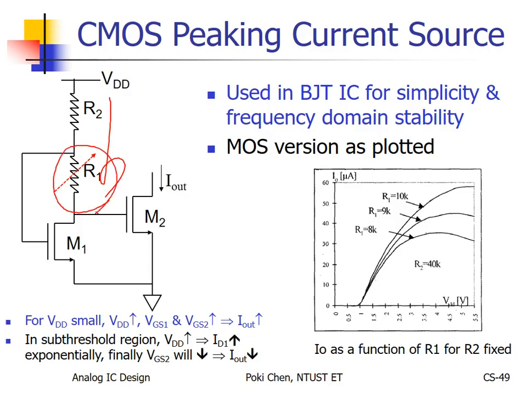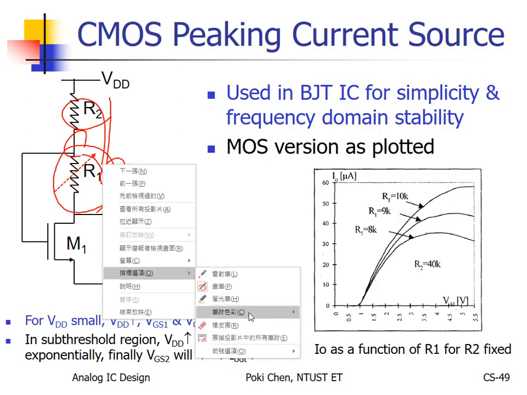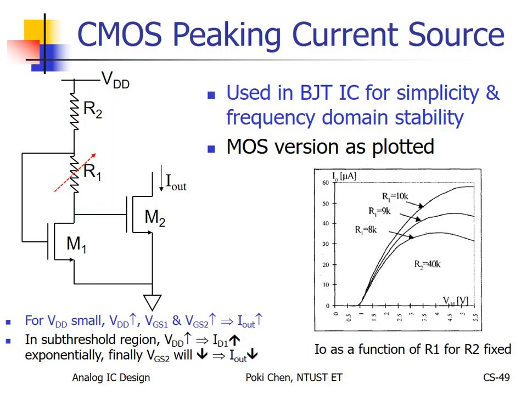So the voltage difference will also be increased exponentially. Again, you can see, what is the node voltage for M1? Actually, it becomes VDD minus I by R2 bar.